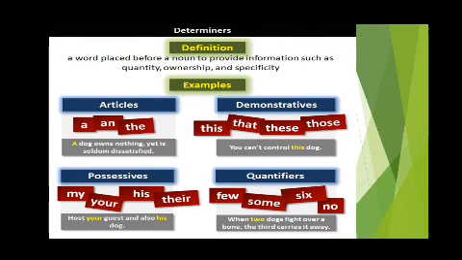So determiners, as we all know, are words placed before a noun to provide information such as quantity, ownership, and specificity. The four types of determiner are discussed here. We have the articles, the demonstratives, the possessives, and the quantifiers. I hope you have this infographic with you, and they will be discussed in the types of adjectives as well.